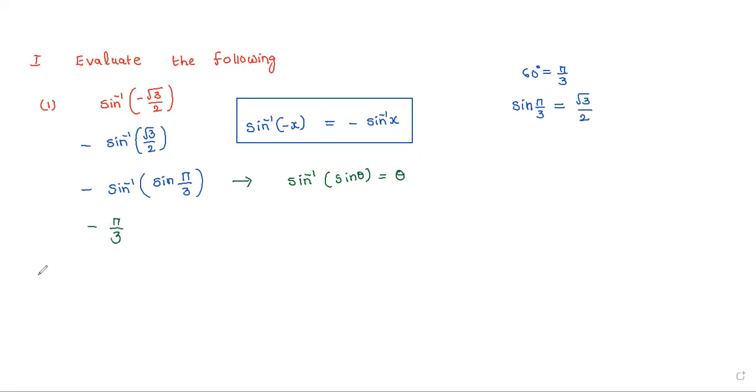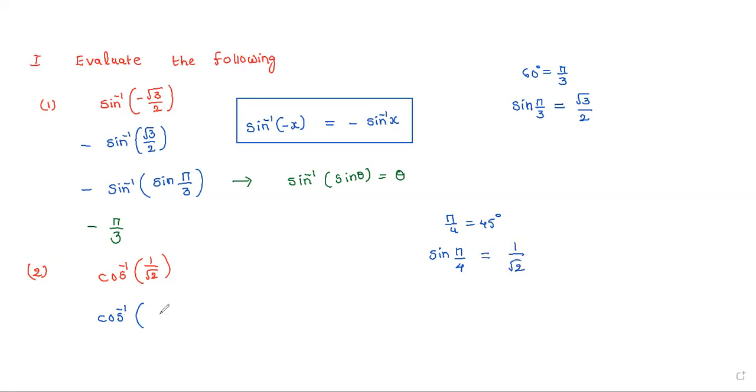And second problem, cos inverse of 1 by root 2. So what is the formula? No direct formula. When does 1 by root 2 come? Cos pi by 4, which means 45 degree. That means 1 by root 2.